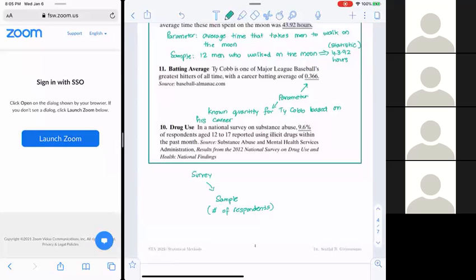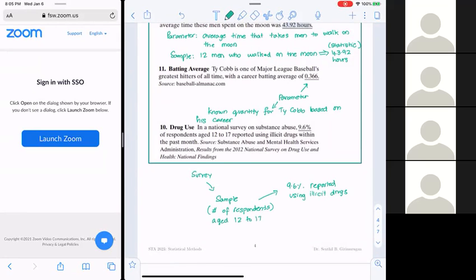We do not know the number of respondents from that survey, but what we do know is 9.6% of those responded that they used illicit drugs, of course, the number of respondents aged 12 to 17.